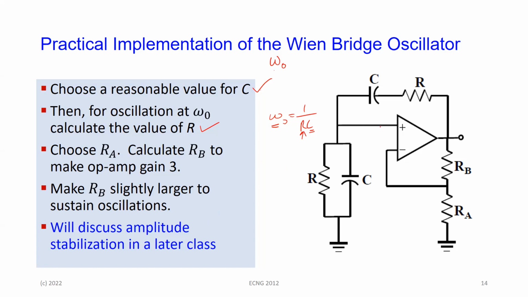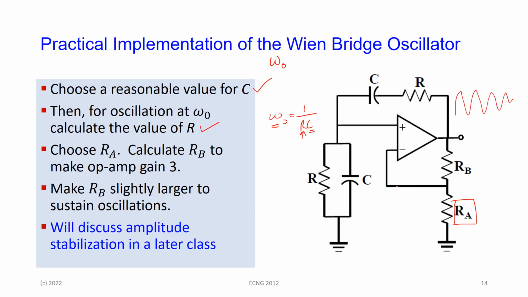Then you need a gain of 3 on the op amp. So you pick a value for RA, and then you calculate the value for RB. Remember, it's a non-inverting amplifier. So you calculate the value for RB to make the gain 3. And as we will see, it will start off oscillating, but it will die off after a little while.